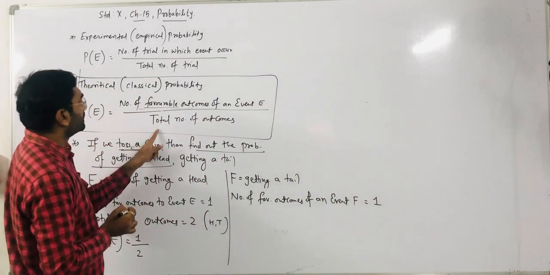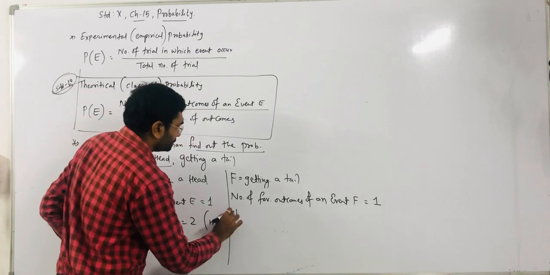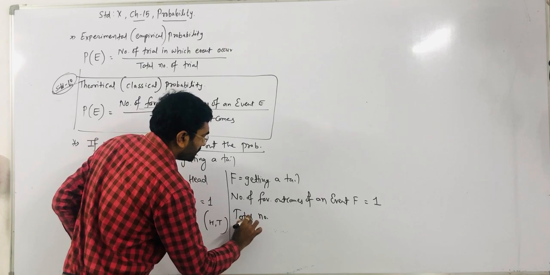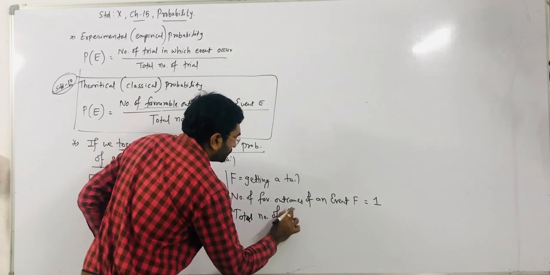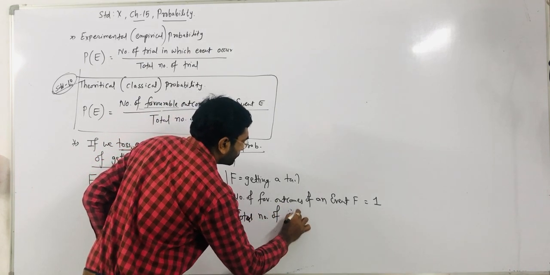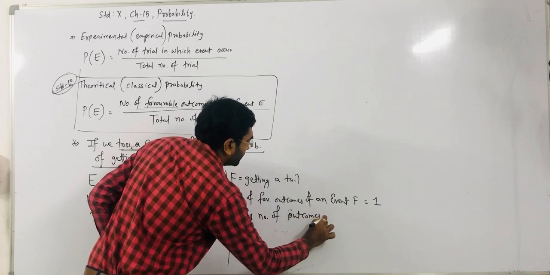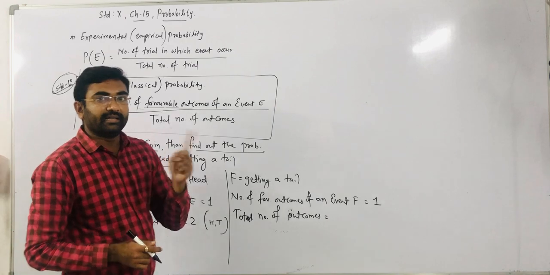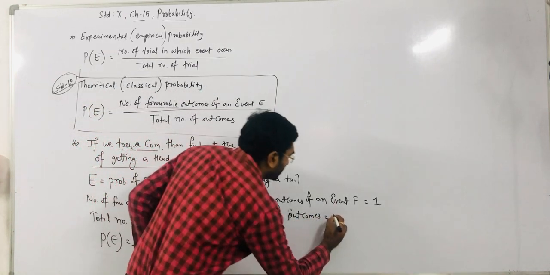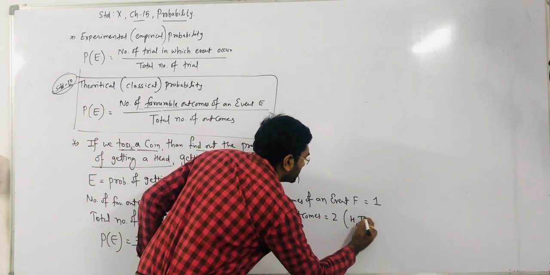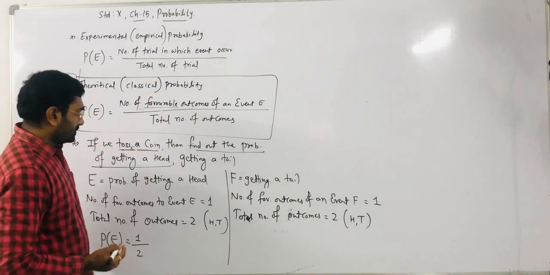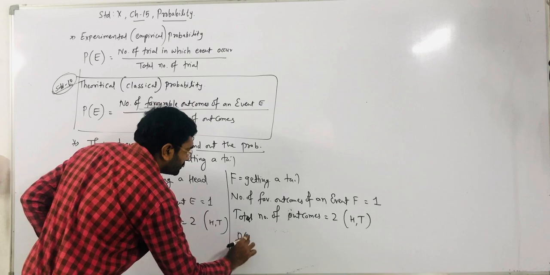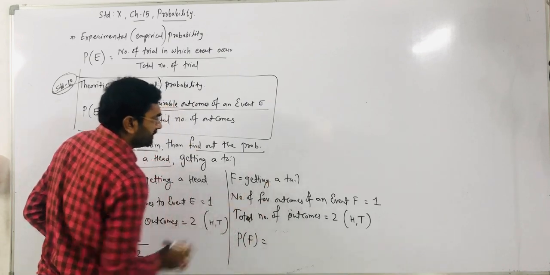Now in the denominator, the total number of outcomes. Whenever you toss a coin only one time, you get two outcomes, head and tail, so here we write 2. So that way we represent the probability of event F, getting a tail.